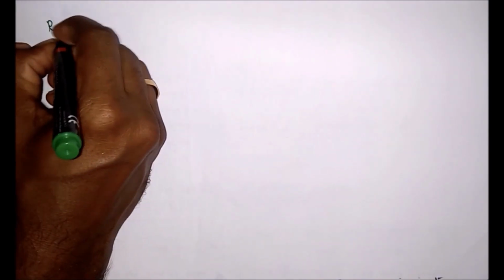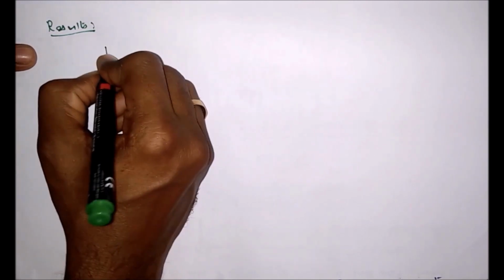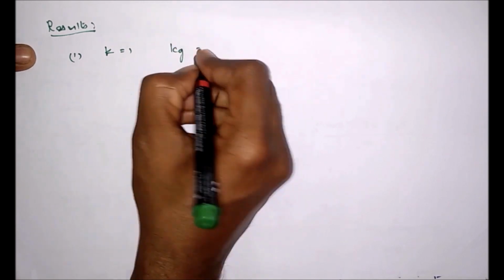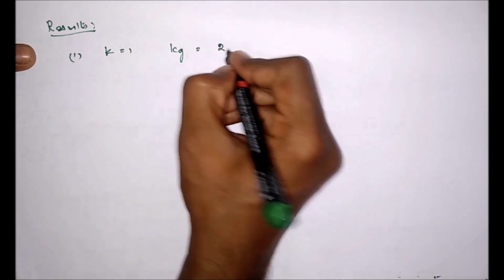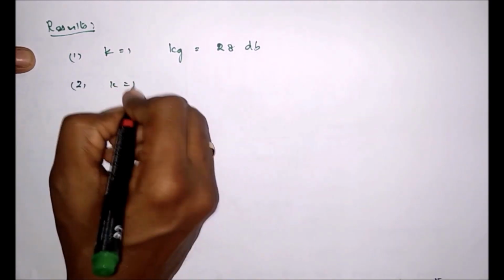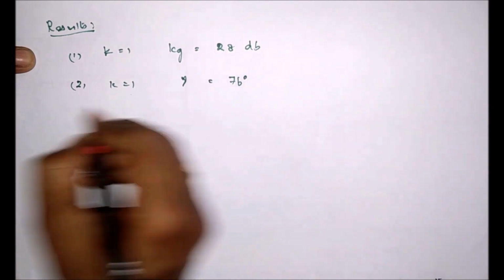So now the results are: when K equal to 1, first, gain margin Kg equal to 28 decibel. Then when K equal to 1, phase margin gamma equal to 76 degree.